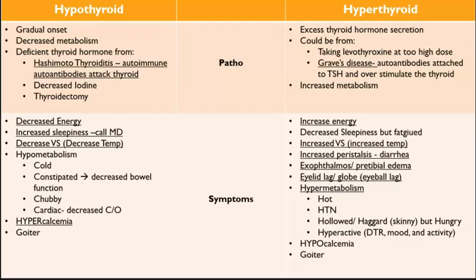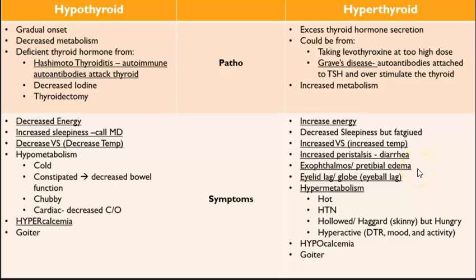Now your hyperthyroid, everything is sped up. So they have increased vital signs, increased energy. They are running a mile a minute. That is Tigger. He's bouncing all over. He's hot. He's irritated. So their GI tract is increased. Their eyes are going to be bulging out of their head.